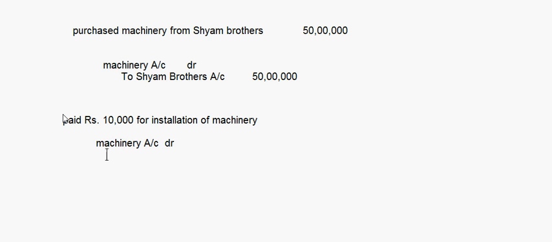This 10,000 rupees is paid in cash, right? This is an expense which is paid in cash. So to cash account here 10,000, right? Now basically what is happening is, this 10,000 is getting added to the cost of that machine, which is 50 lakhs, right? So the cost of the machine is not now 50 lakhs, it is now 50 lakh 10,000 rupees, right?